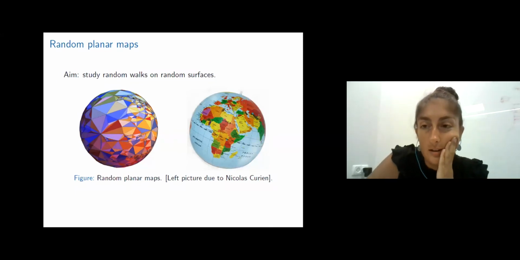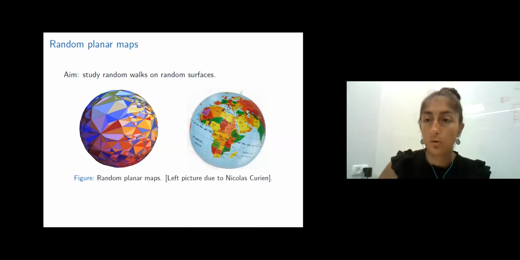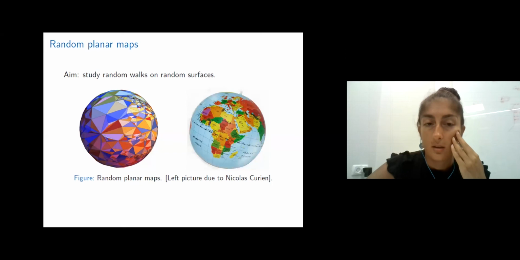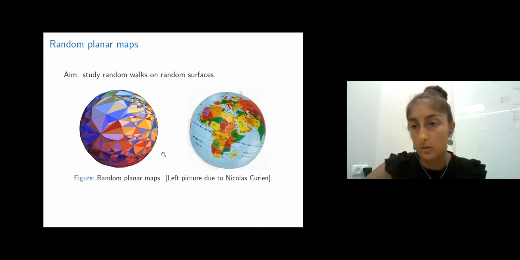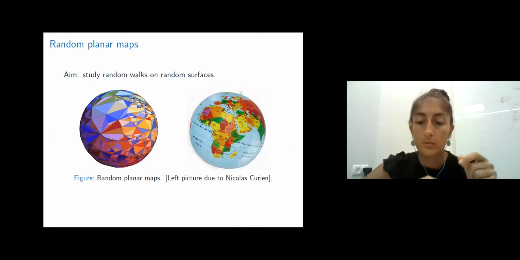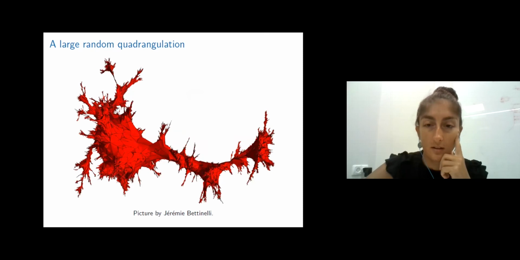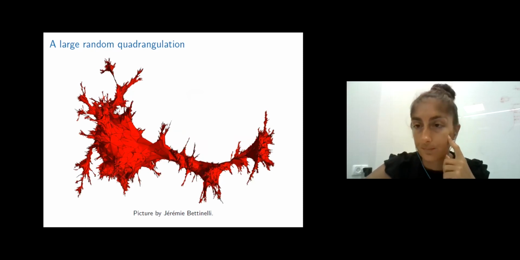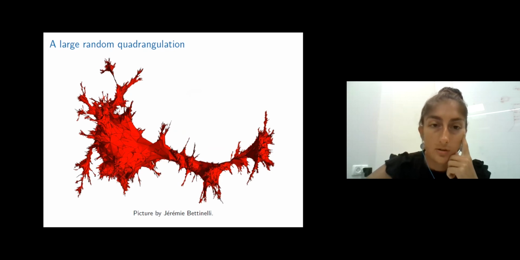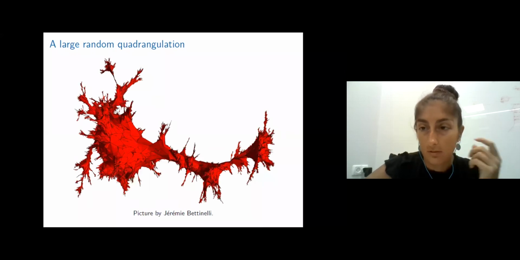And in the same way, like I said before, that a simple random walk is a canonical random path, there are certain models of these discrete random planar maps which can be thought of as a canonical random surface. So for example, here's a simulation of one. So this is a large random quadrangulation. So here all the faces have degree 4. And you can see somehow the geometry of this random surface is very different to the original sphere.